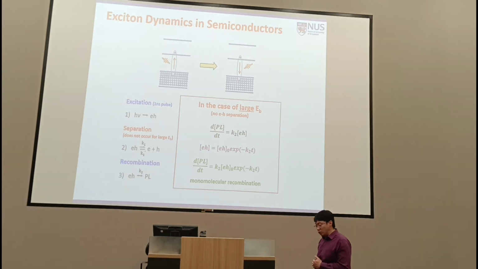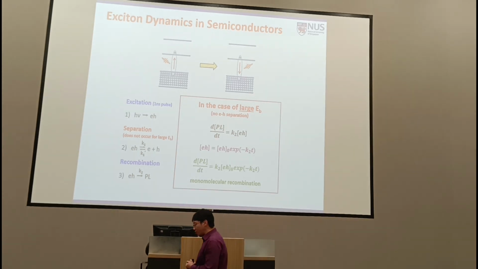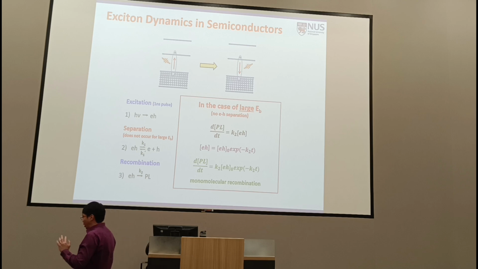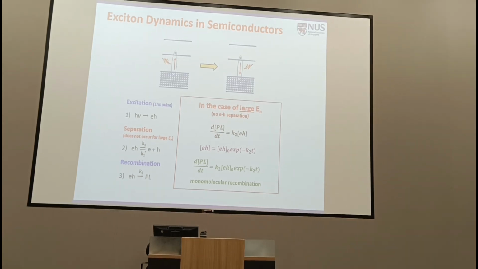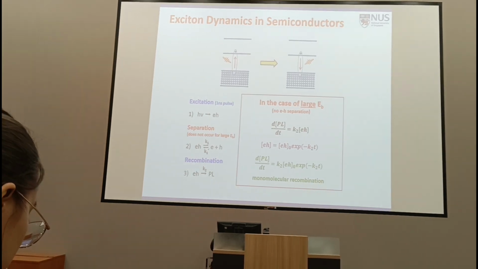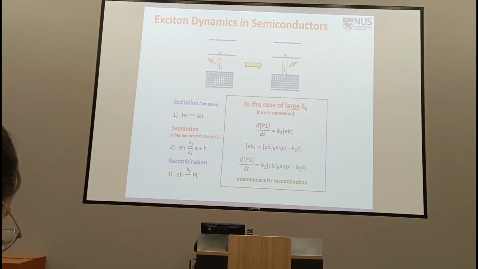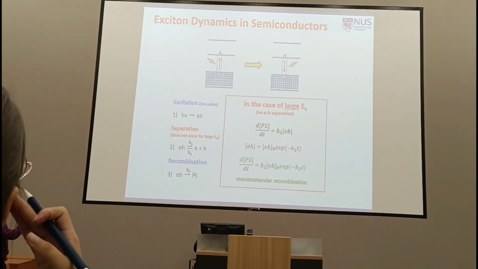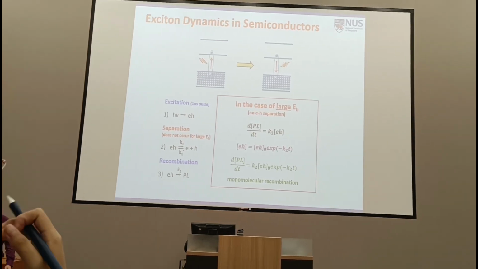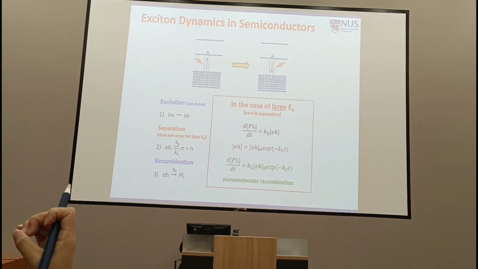Okay, so there's a few situations. I'll talk about the first situation here. This is a very simple situation where it just forms and recombines, right? And I can actually write some rate equations. You all know chemical kinetics, right?